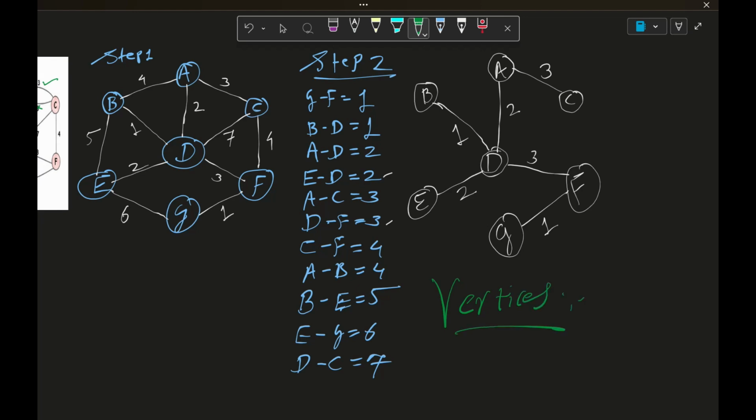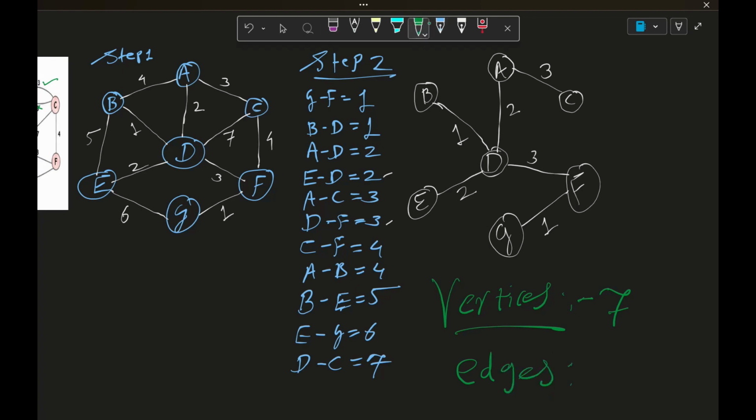Here 1, 2, 3, 4, 5, 6, 7. So we have 7 vertices, and edges will be 7 minus 1, so it should be 6. So just calculate them. This is 1, 2, 3, 4, 5, 6. So yes, we have 6 edges.